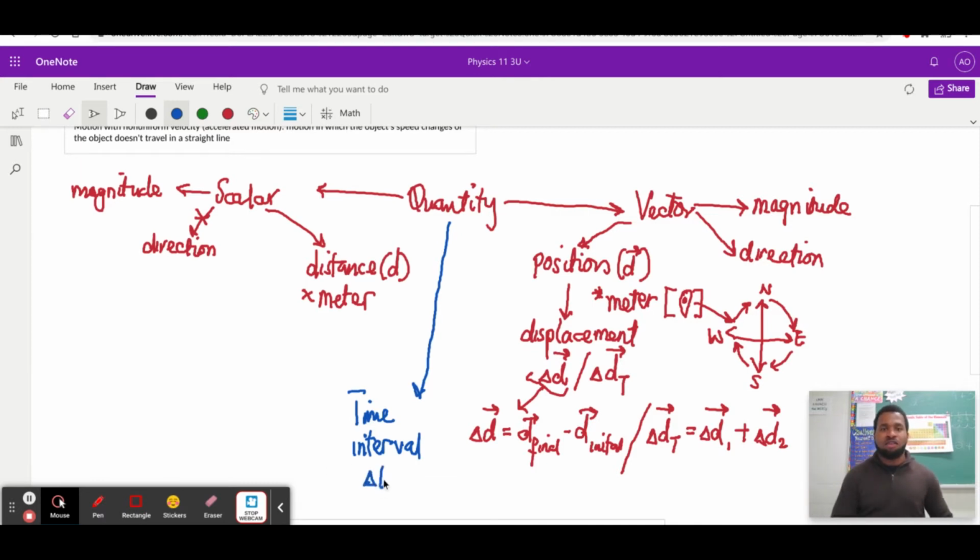So the time interval that we are going to be focusing on is not only going to be associated with our scalar quantity in terms of distance, but also our vector quantity, which is expressed as the change in the position of that particular object.